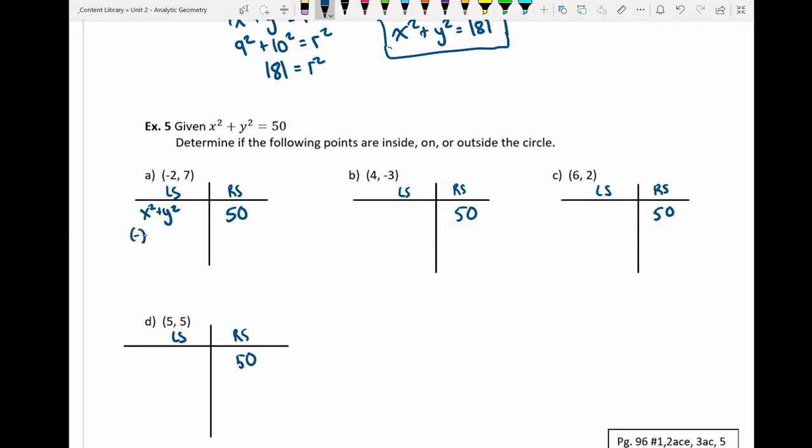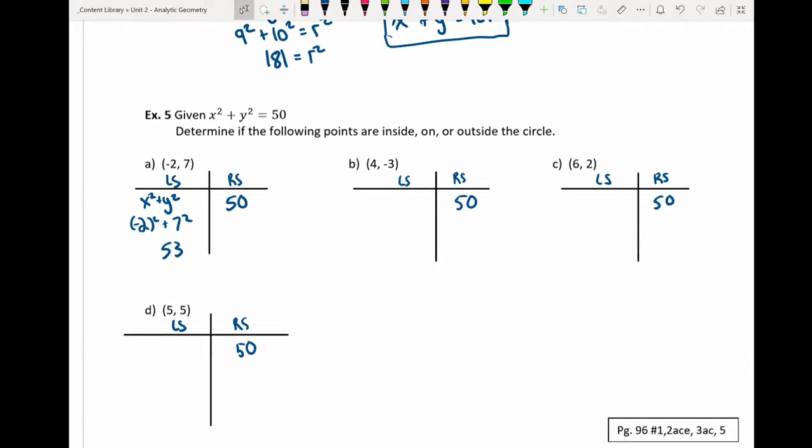So -2 squared plus 7 squared, and I get 53. So what this means is that the two sides don't match. Left side does not equal right side. So based on our past knowledge, the point given in A, -2, 7, is not a point on this line, or in this case, this circle.